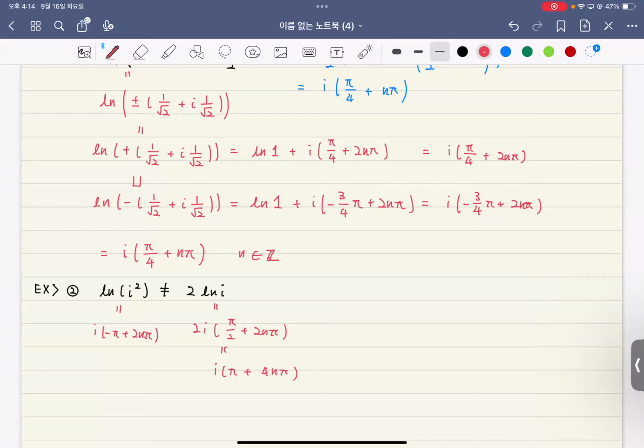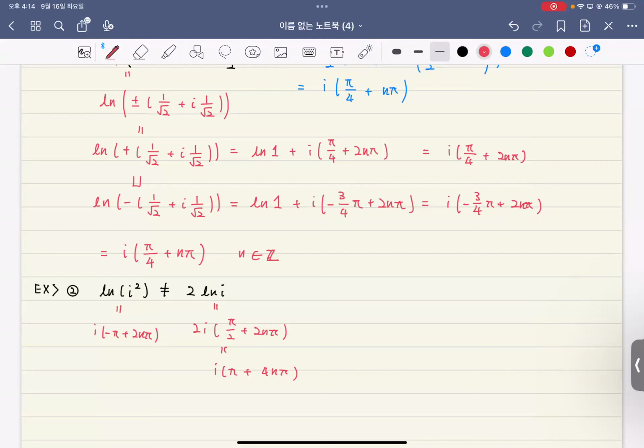So I have 2 n pi on one side. Well, the sign is a little bit different, but that doesn't make a huge difference. What really makes the difference between these two is that this is 2 n pi and this is 4 n pi. Because of that, you cannot have the equality.